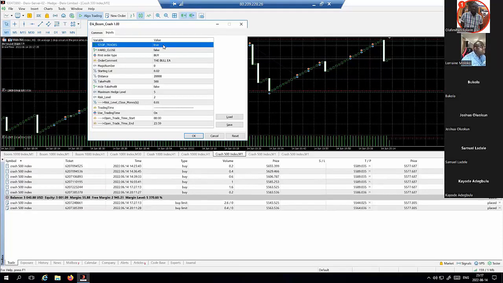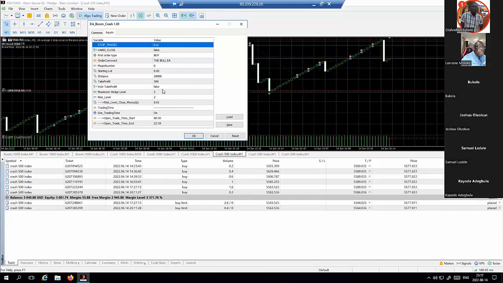So what stop trade will do now is allow this last lot size to come in. Immediately this last lot size comes in, no more trade is allowed to come in, and it's going to manage all this and close them at 1 cent.